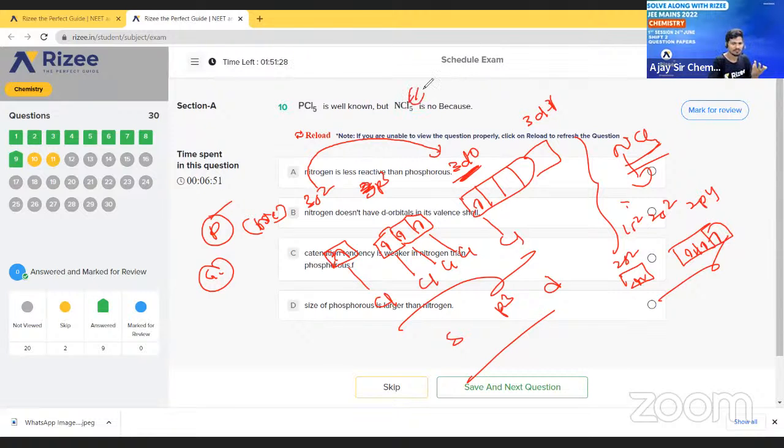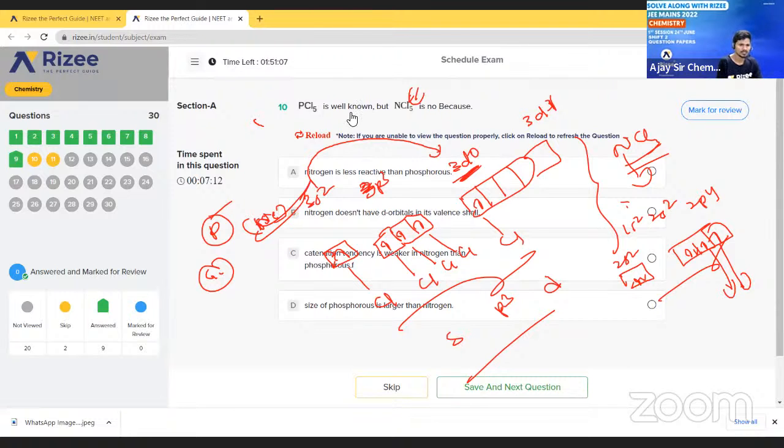There is no empty orbital. It can form maximum 3 bonds only. Nitrogen cannot form 5 bonds. So that's why the correct option is B: nitrogen doesn't have d orbital.